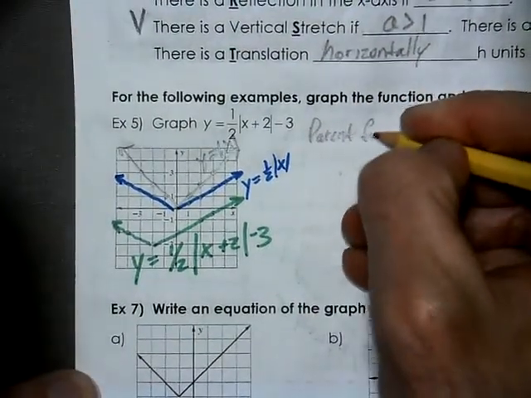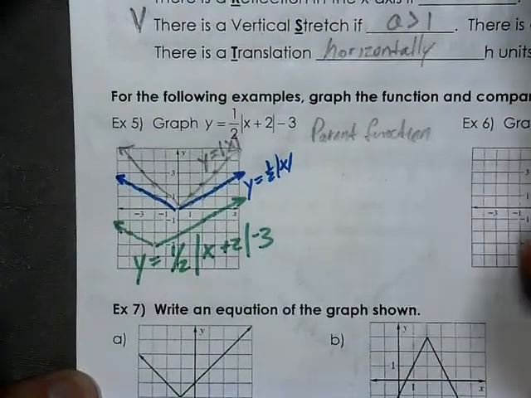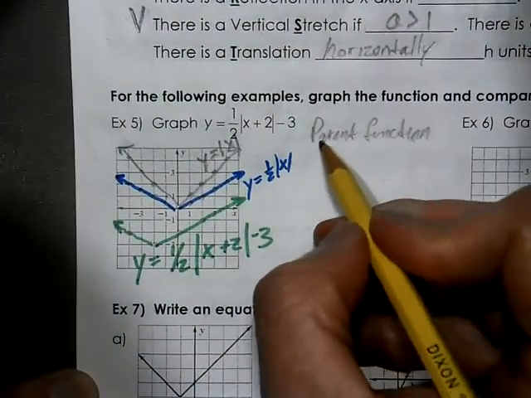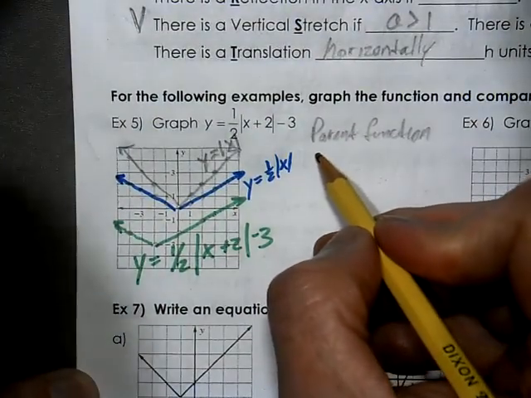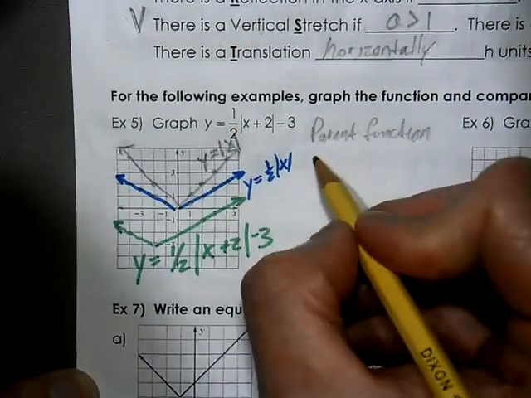The parent function doesn't have any reflection, but it does have a shrink.